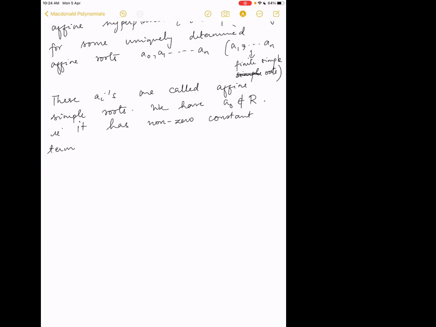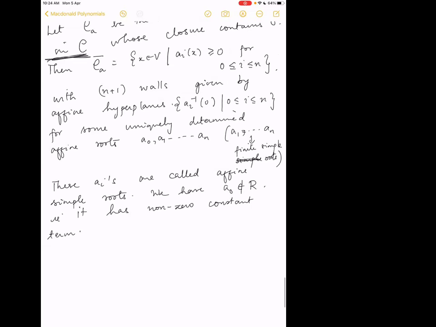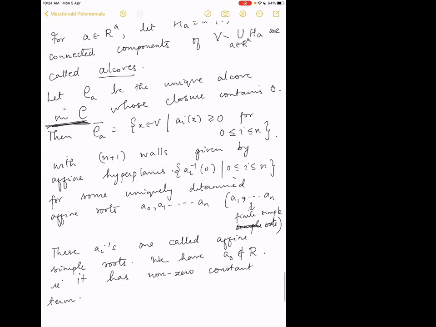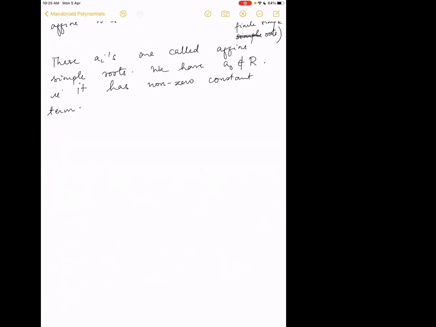Radhika, I guess it's a result, if you will, that every finite simple root is an affine simple root? I have fixed my Weyl chamber. In general, if I choose, you see, I'll just draw the picture maybe for SL3, it is not true. So what you're saying is, given the definition of the alcove CA, the walls include the simple root hyperplanes, and that is why every finite simple root occurs among the AIs. Yeah.